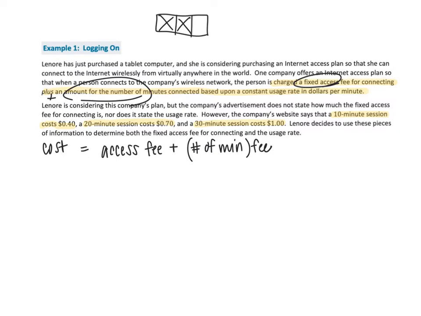Okay. The other information it gives me is that a 10-minute session is 40 cents. So this is 40 cents equals the access fee plus 10 minutes times this fee, the connection fee. The 20-minute session is 70 cents.